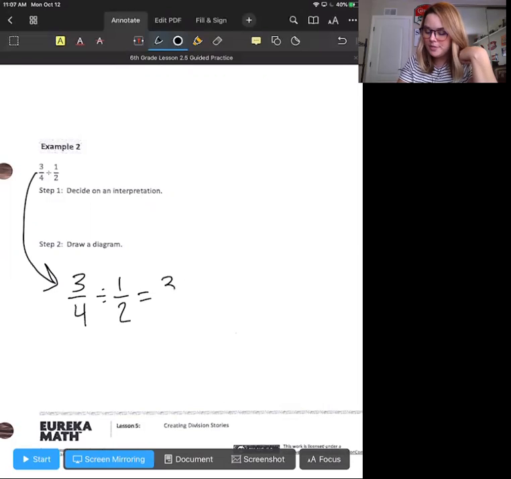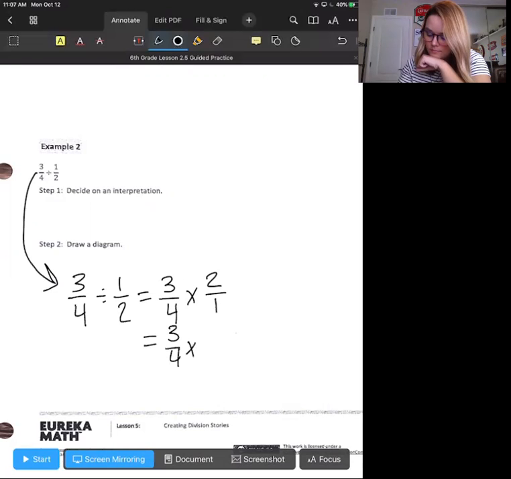So my first number stays the same, and I multiply, and then I take that 1/2 and I flip it on its head, and it becomes 2 over 1, or 2. And then I can multiply straight across. So I multiply 3 times 2, which gives me 6, and I multiply 4 times 1, which gives me 4.